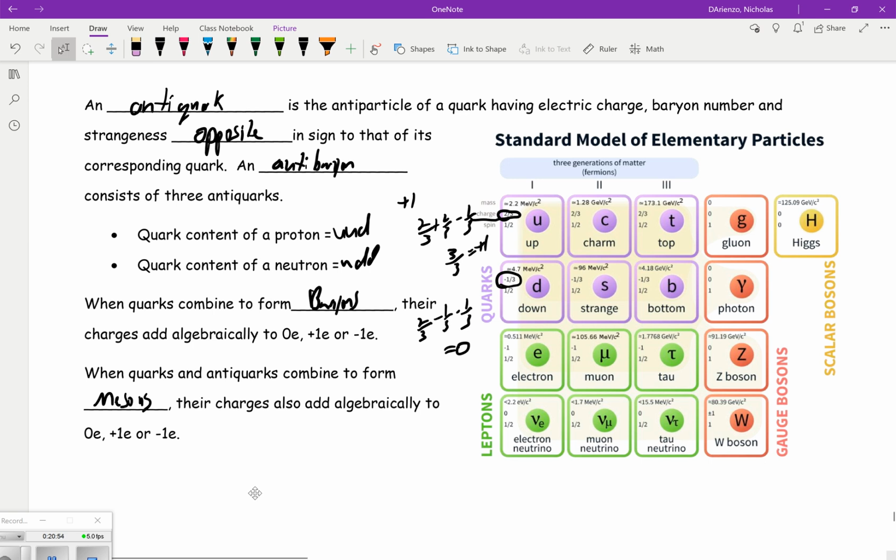Charges are going to have to add up to a whole number, either 0e, plus 1e, or minus 1 elementary charges. And each of these types of particles, and there's a table here outlining these, are different ones that are being discovered using experiments with the particle accelerator.